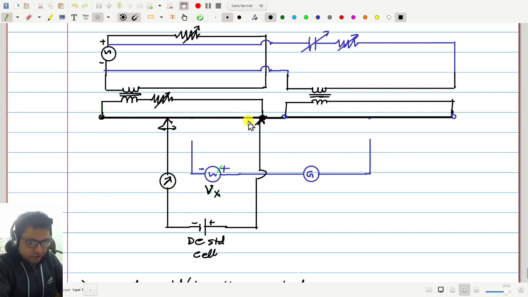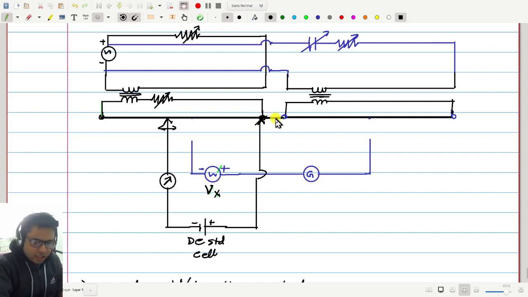Up to this, any question? Fine. Once the left, yes. Sir, are those two points still shorted? Means those two transformer ends?